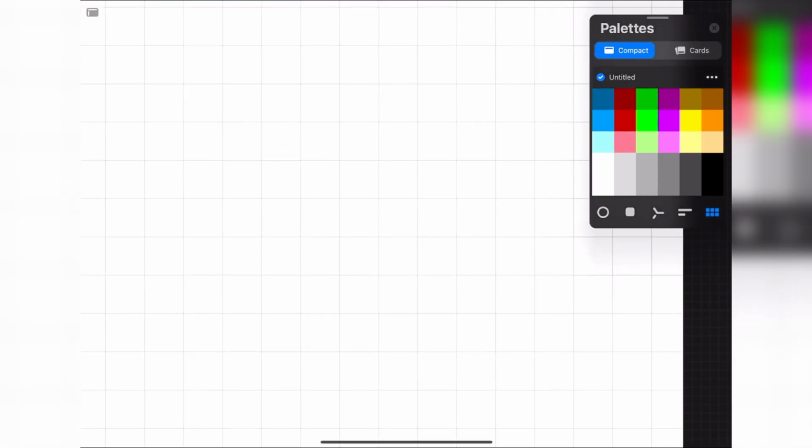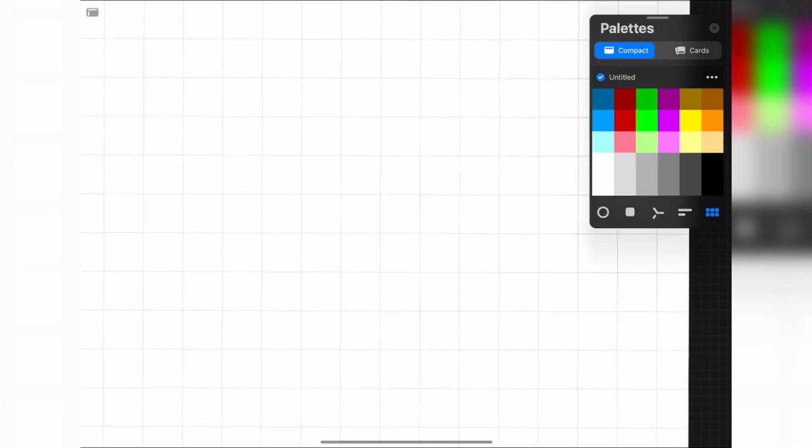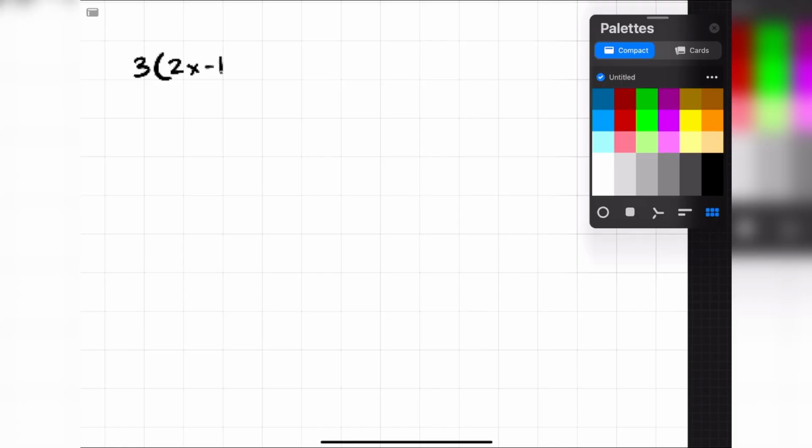Next question is, okay, this is a slightly bigger one. This is 3 parenthesis 2x minus 1 parenthesis is less than 3, or 4x minus 1 is greater than 7.